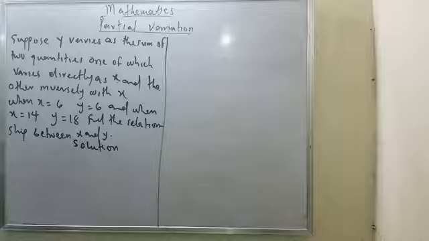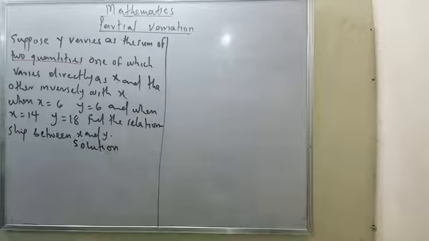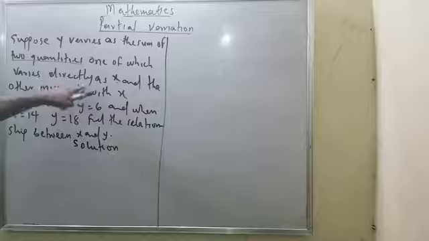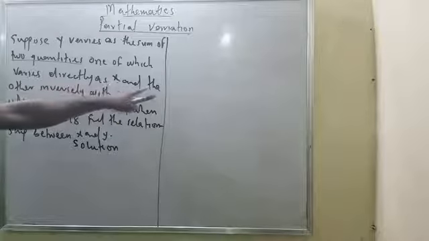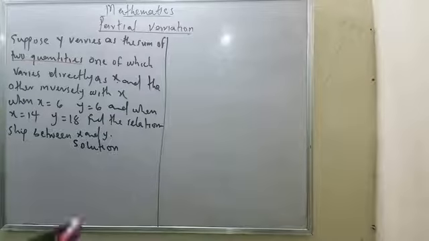This is a word problem that you need to understand very, very well. Now, y varies as the sum of two quantities. Please take note of this. One of which varies directly as x, and the other inversely with x.